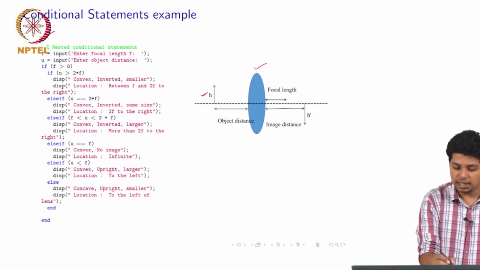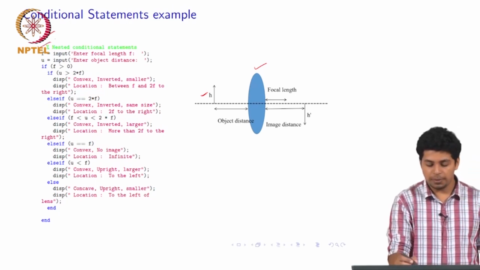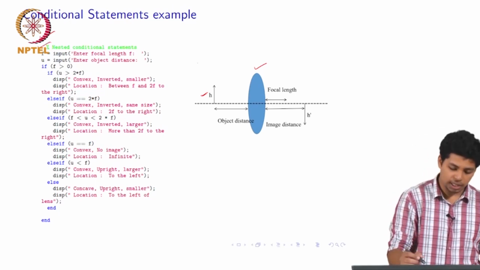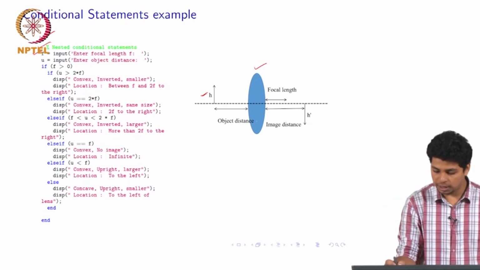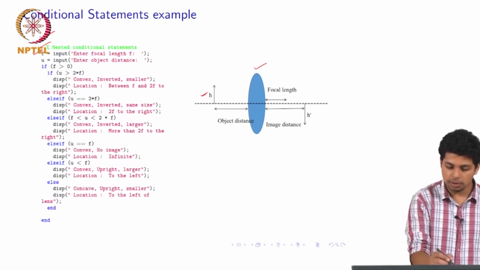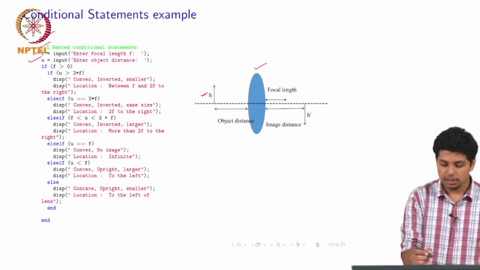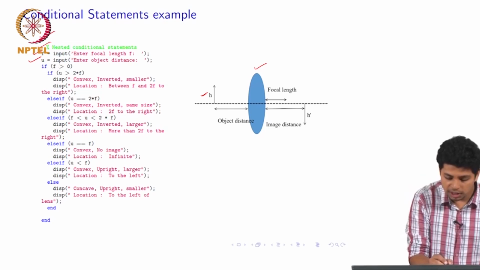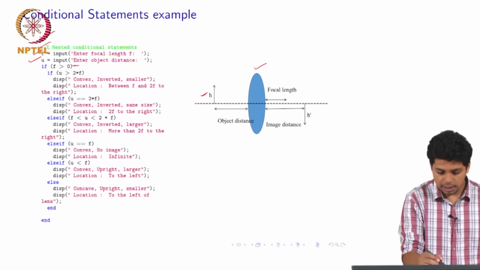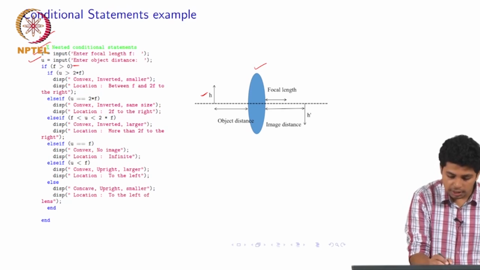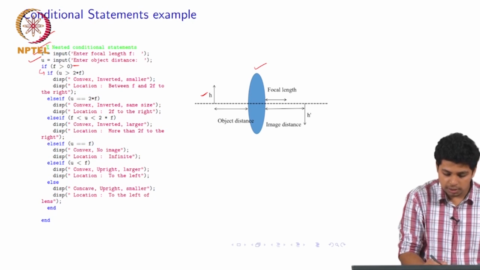So nested conditional statement means when we put a conditional statement within a conditional statement. So we ask for f, that is the focal length, input from the user, then we ask the object distance. Then, if the focal length is positive, then we know that the lens is a convex lens, and if the lens is convex, then it enters this if and all of these conditions will be tested.